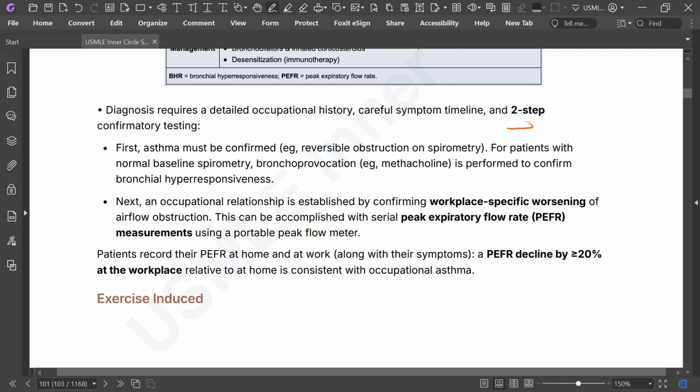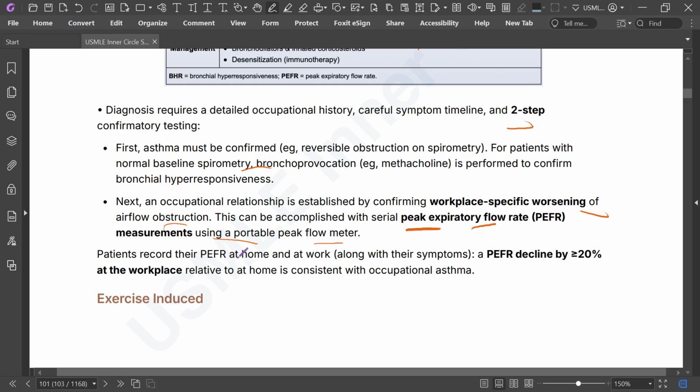For a patient with normal baseline spirometry, bronchoprovocation like the previous chart. Next, the occupational relationship is established, confirming workplace-specific worsening of airflow obstruction. This can be accomplished with serial peak expiratory flow rate measurement using a portable peak flow meter.